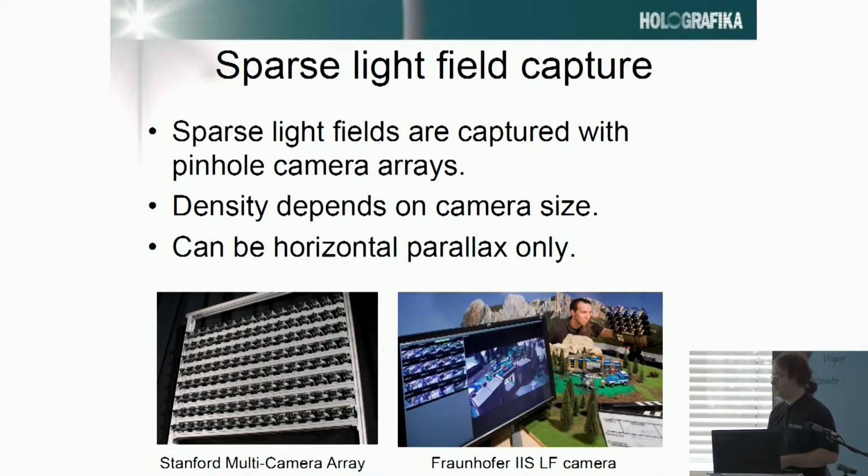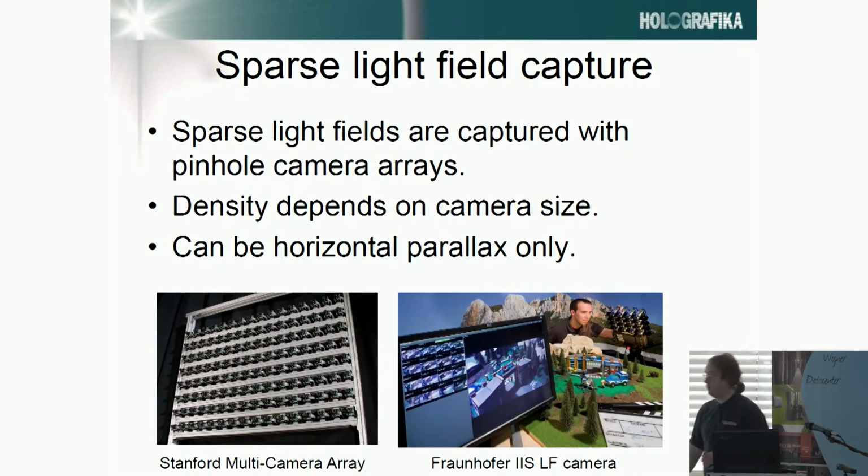Density, of course, will depend on the camera size, because physically you have to place your small pinhole cameras next to each other. And you can make nice captures like this of 3D scenes, and you can do all kinds of cool stuff that we already mentioned with these cameras.